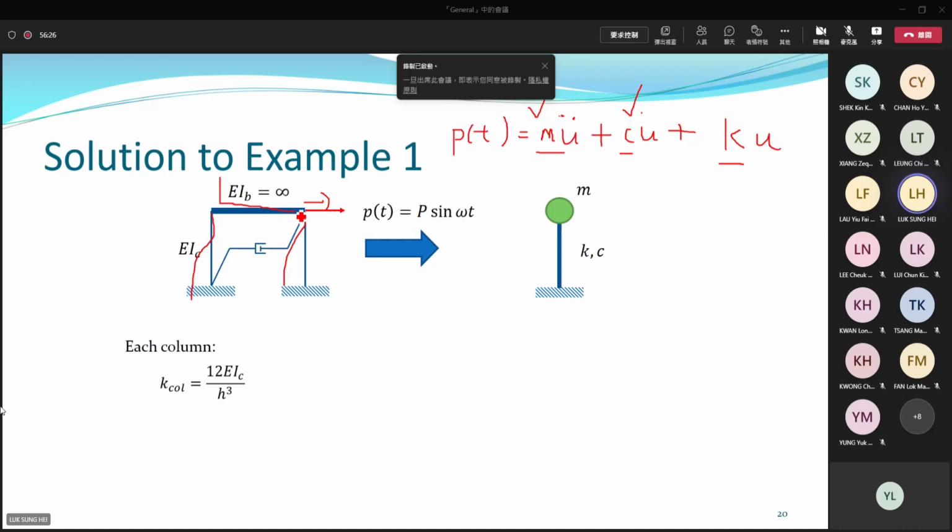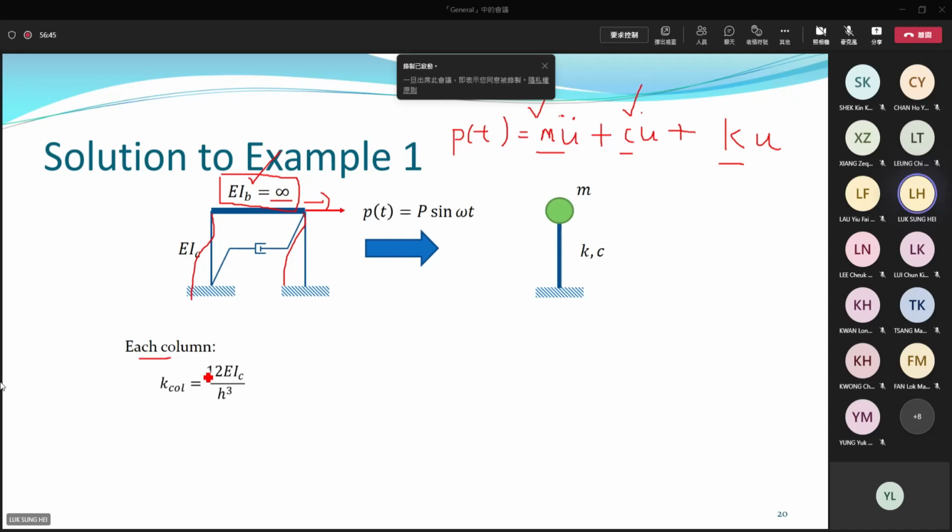In this problem, example 1, it belongs to rigid, right? The flexural rigidity of the beam is infinity, which means rigid. For rigid beam assumptions, the column stiffness for each column is equal to 12 EIc over H cube.